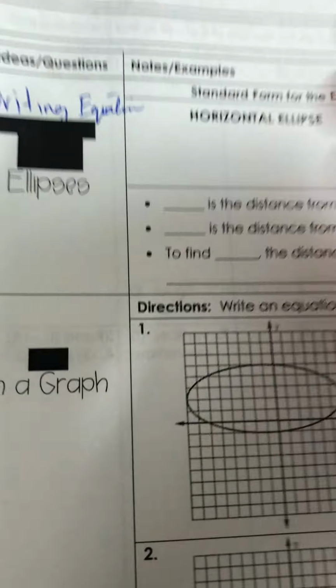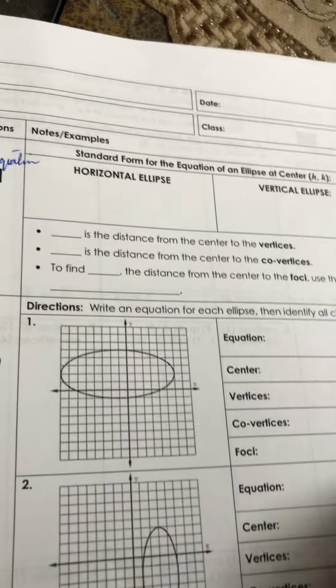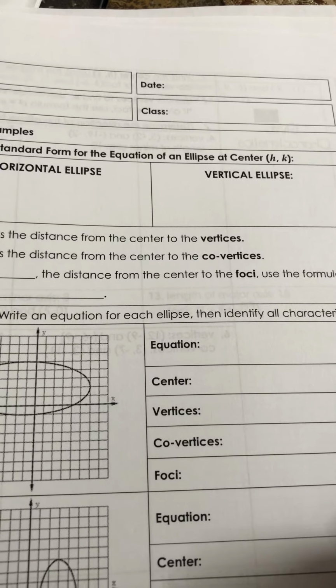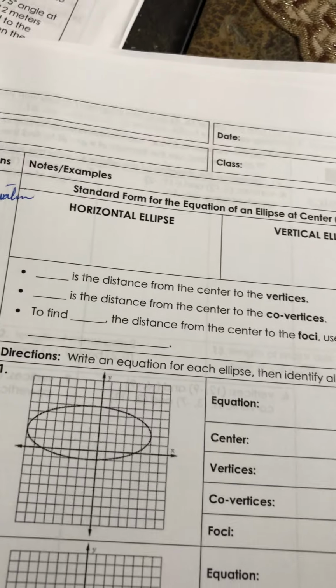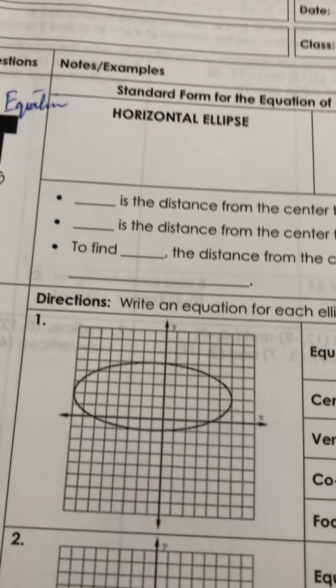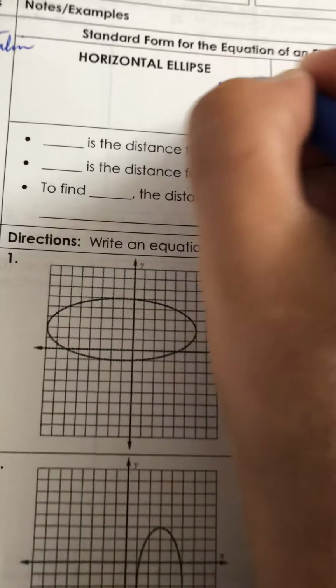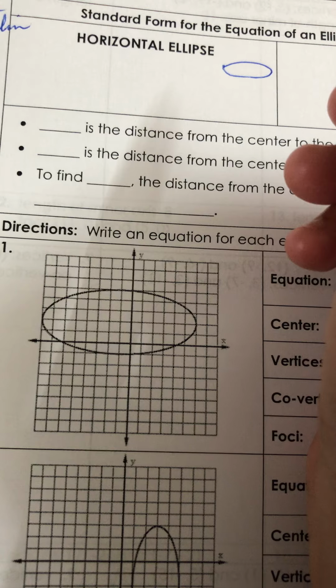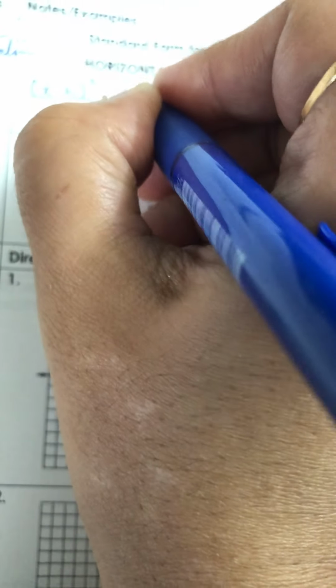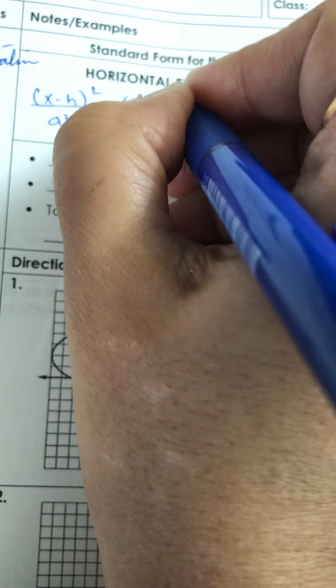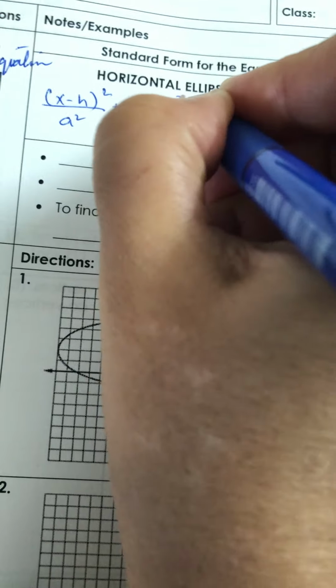Our today's topic is writing equations of ellipses. First of all, let's rewrite the standard form of the equation of an ellipse at center (h, k). If it's a horizontal ellipse, meaning the major axis is a horizontal line, then it is (x minus h) whole squared over a squared plus (y minus k) whole squared over b squared equals 1.